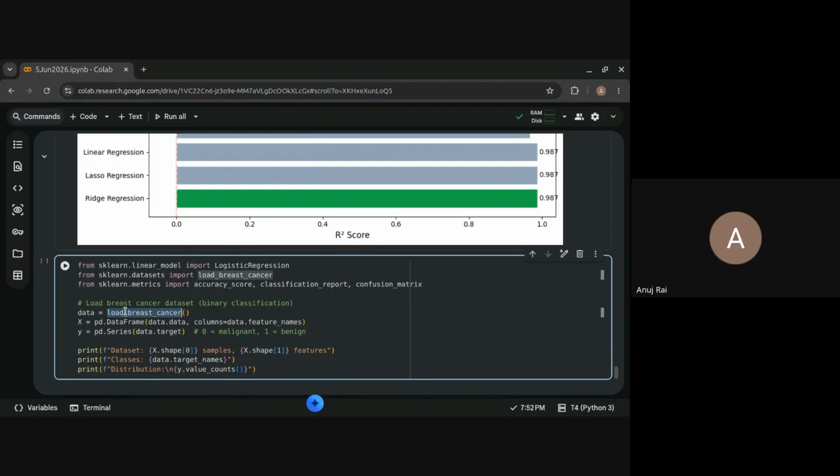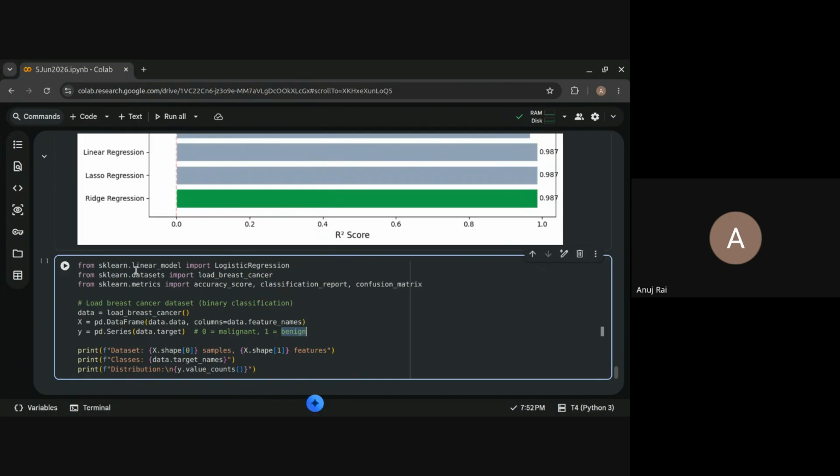Here we are loading the cancer data set, and extracting X based on the columns, and Y. Basically our goal here is to train the model on the data set, so that based on the features we provide, it should classify the particular data point either as malignant or benign.